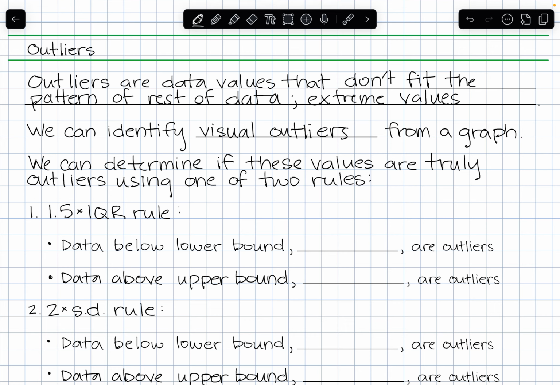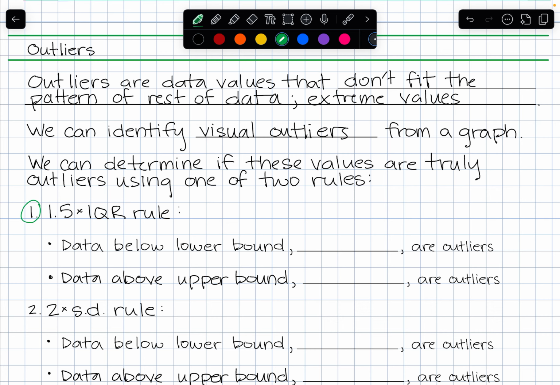To confirm that they are truly outliers, I need to do some mathematical calculations, and I have two choices, depending on what I used as my measure of center and my measure of spread. If I'm working with the median and the IQR, a good rule of thumb is the 1.5 IQR rule.